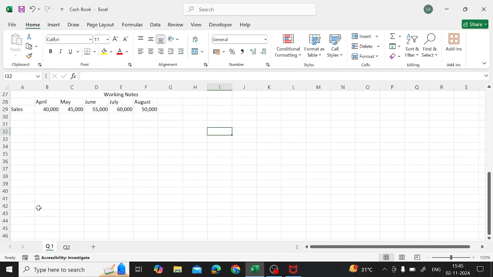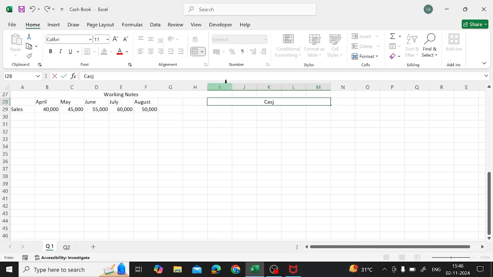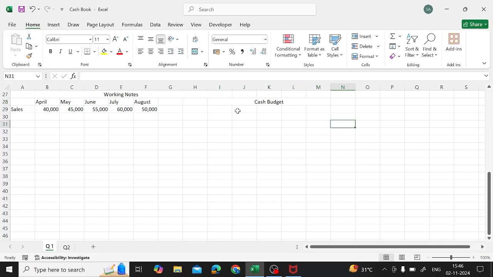Now we create the cash budget. I'm leaving some space here for the calculation, or I can make the cash budget here also. So I'm making it here. April, May, and June.